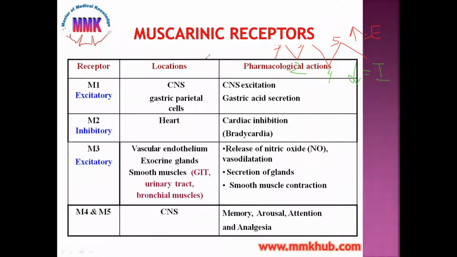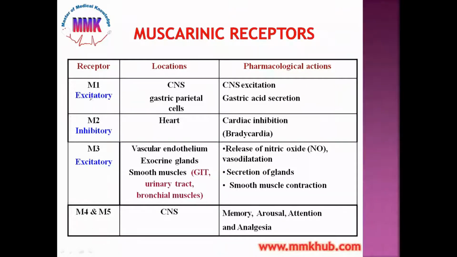So you can remember what are the types of M receptors which are excitatory and what are the types of receptors which are inhibitory. So it is very easy to see that 1, 3, and 5 will be excitatory and 2 and 4 will be inhibitory. I hope this will help you all to remember.